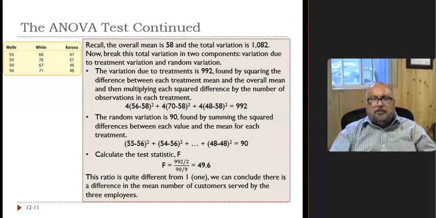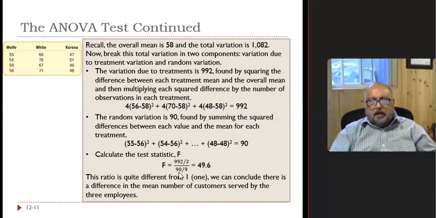How many treatments do we have in total? 3: the first is Wolf, the second White, and the third Carosa. So for degrees of freedom, we take n minus 1, total 3 minus 1, which gives 2. So we have 992 divided by 2 here.